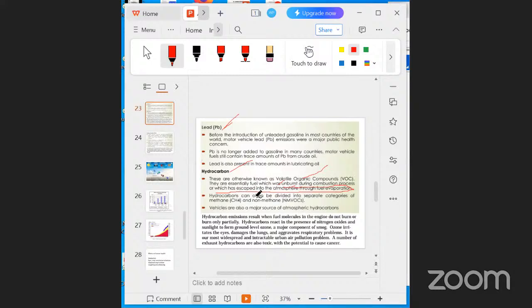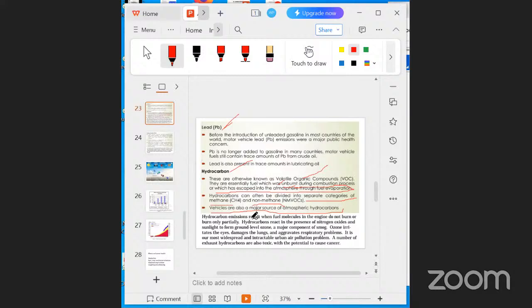The hydrocarbons can often be divided into separate categories: methane, CH4, and non-methane volatile organic compounds, NMVOCs. Vehicles are also a major source of atmospheric hydrocarbons.